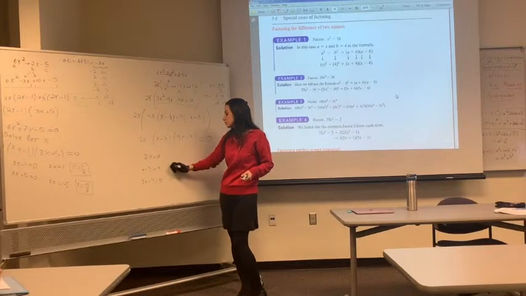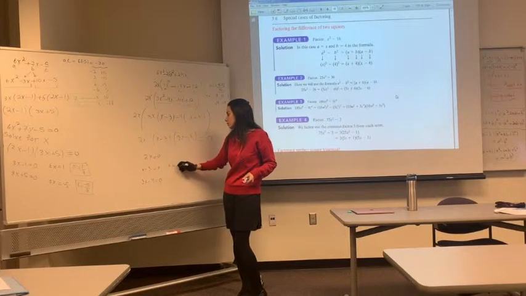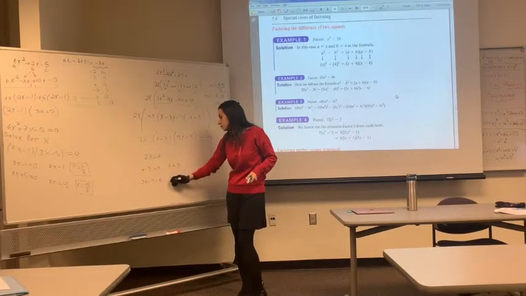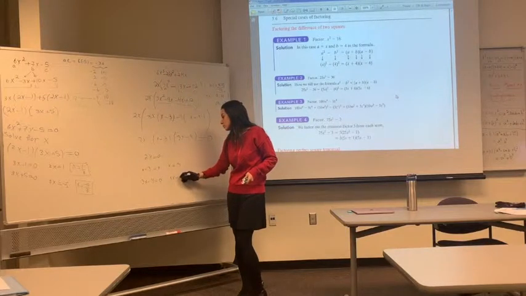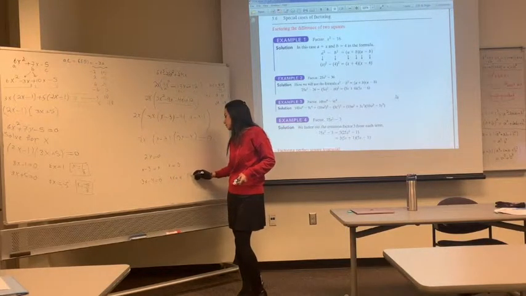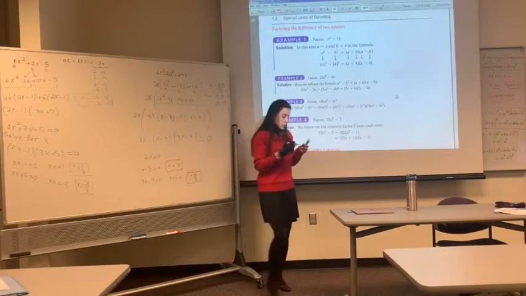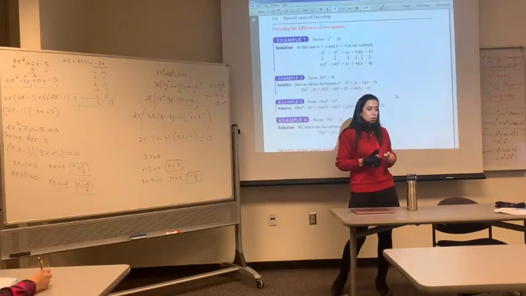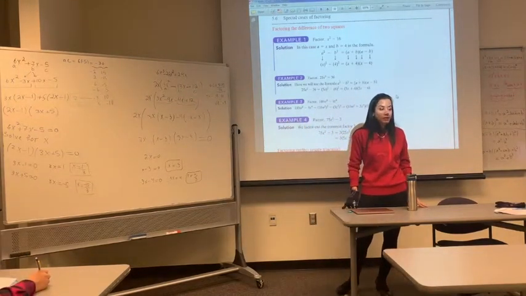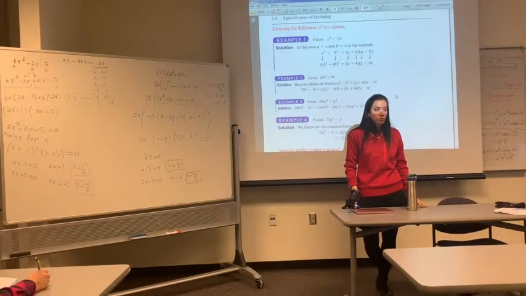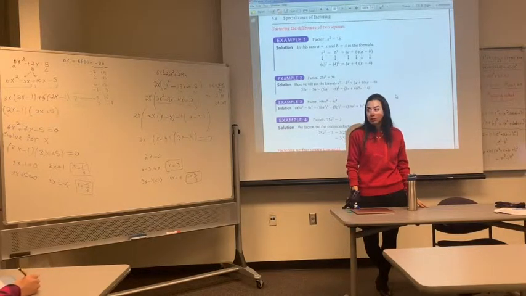So, 2x is equal 0. X is equal to 0, right? Is that correct?